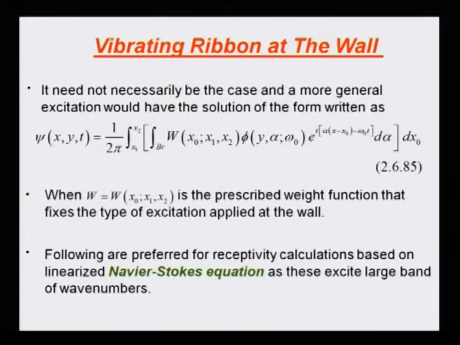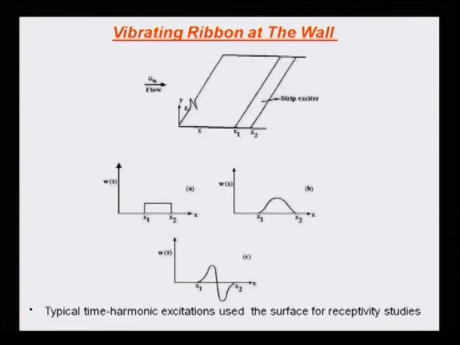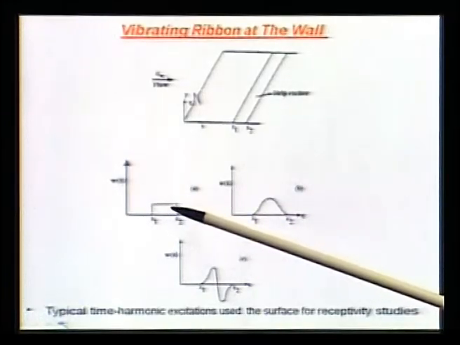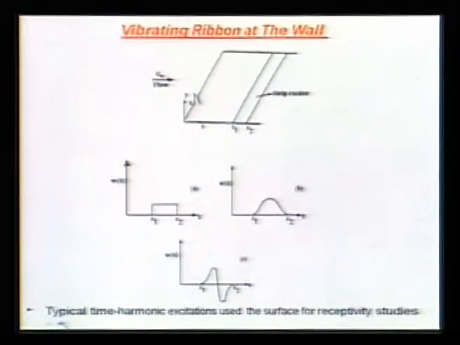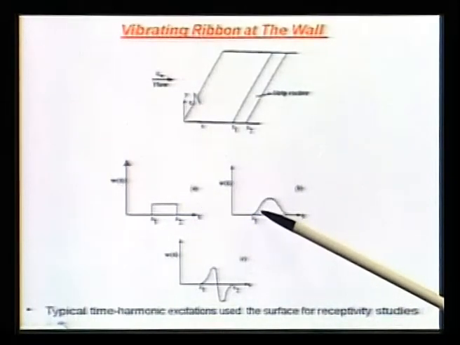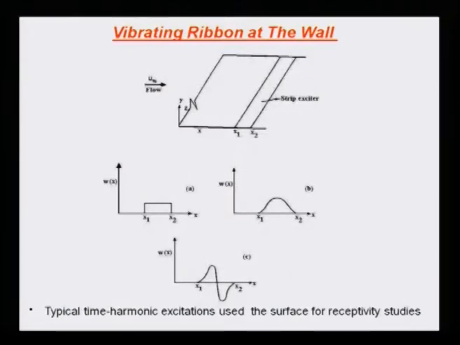Now, I told you that for the Navier-Stokes equation, we do not want this heaving motion of the strip. We don't want to do this in a Navier-Stokes solution. We want to do something different, where at the end we should have amplitude equal to 0. This is one way of doing it, a Gaussian.